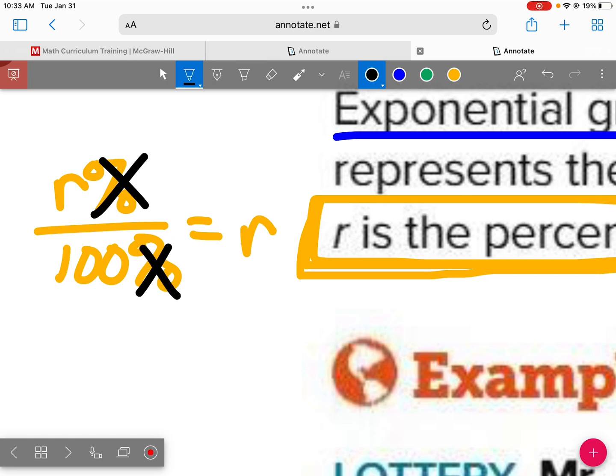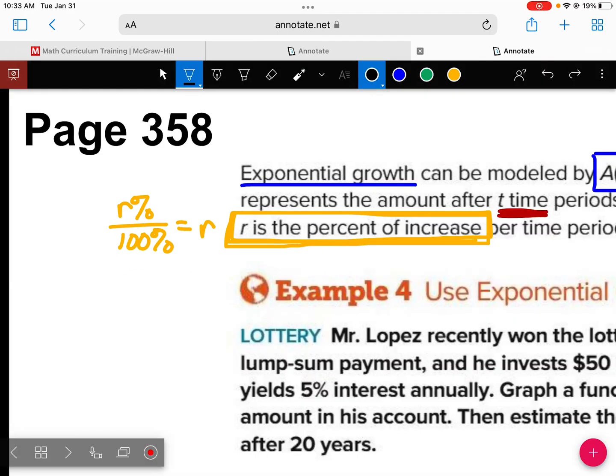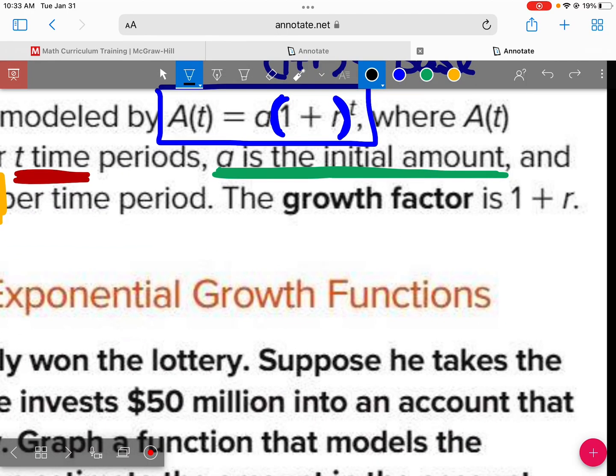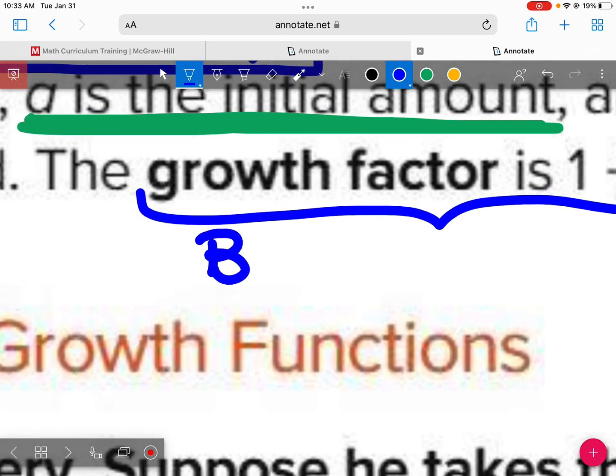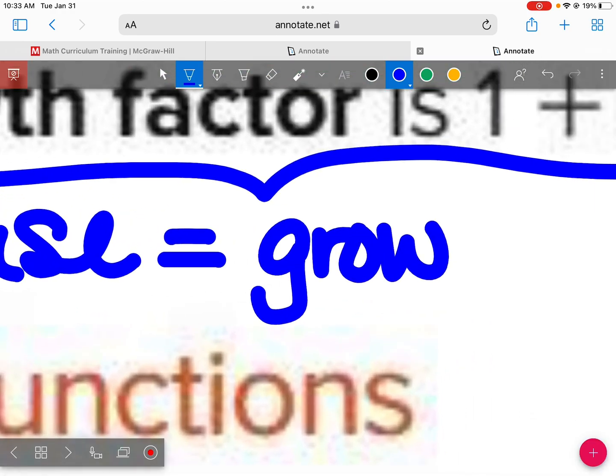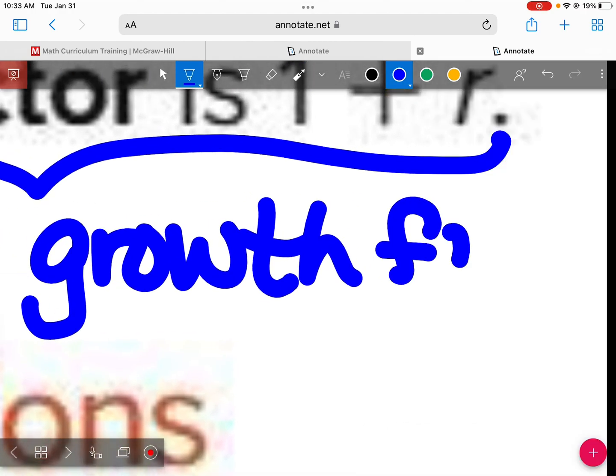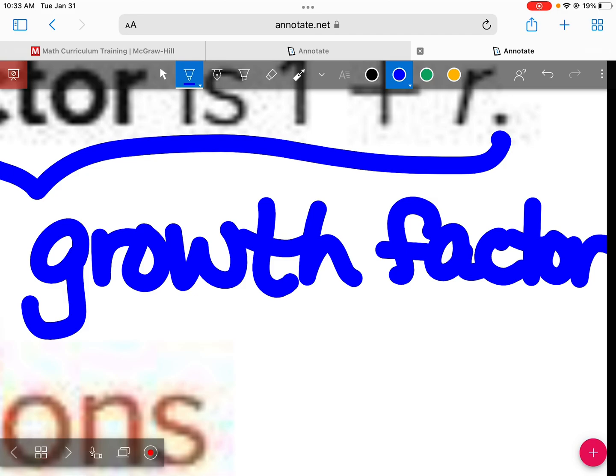And then that'll leave me with just whatever the R value is. So R is the percent of increase, and we call the base here the growth factor. Base is our growth factor. So I want to talk about this one and see if we can get an equation written in this form and simplified, and then we'll shut it down and we'll finish it up tomorrow.